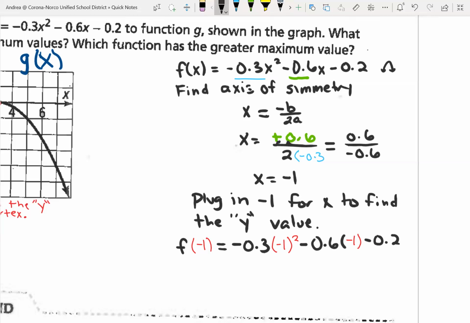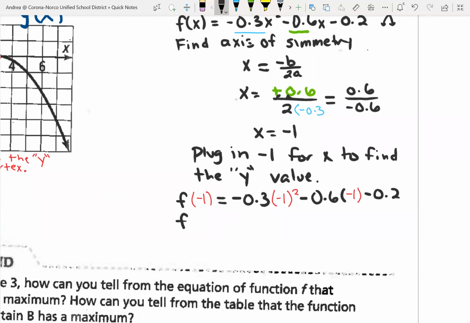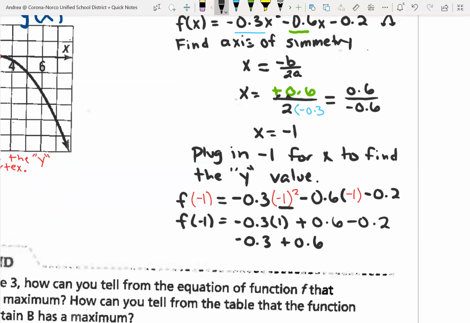Okay, so let's do that math. f of negative 1 equals negative 1 squared is just 1. Negative times a negative makes a positive 0.6. This is negative 0.3, plus 0.6 minus 0.2. That gives me negative 0.3 plus 0.6 would be 0.3, minus 0.2 is 0.1, positive 0.1.